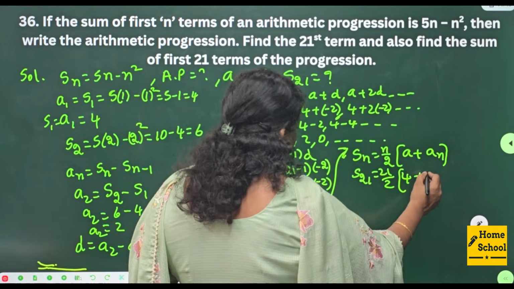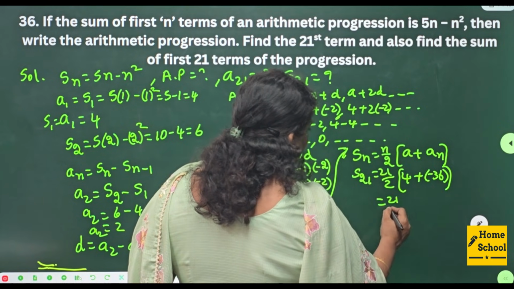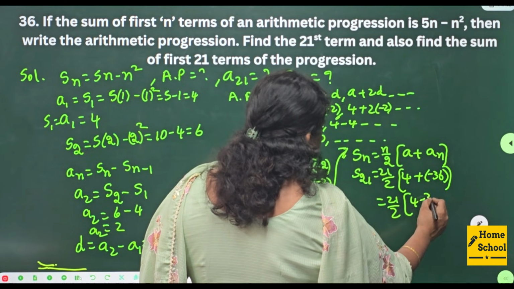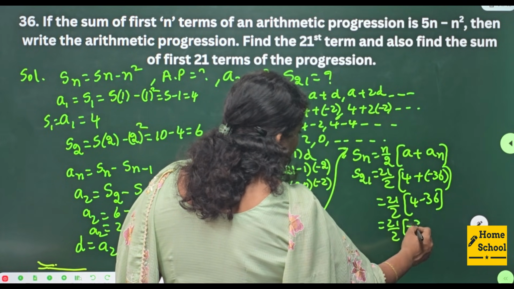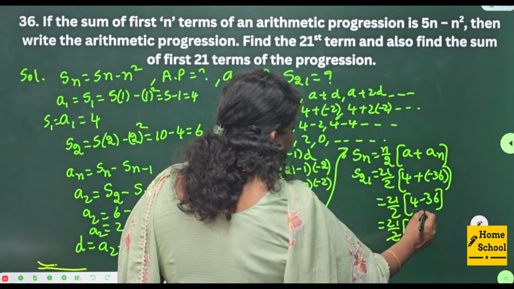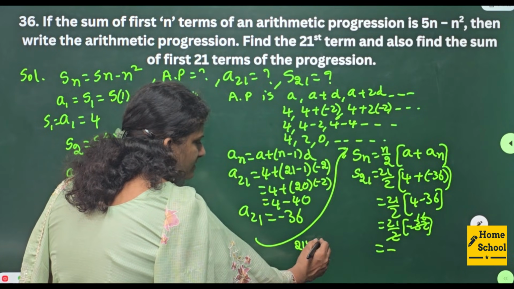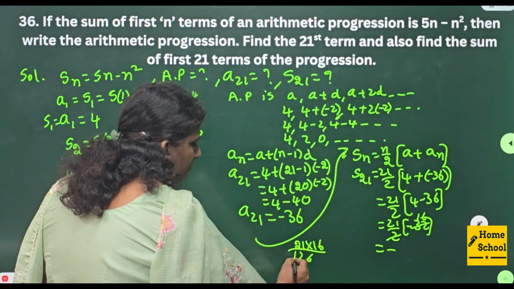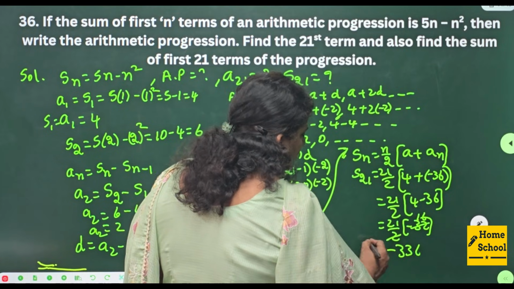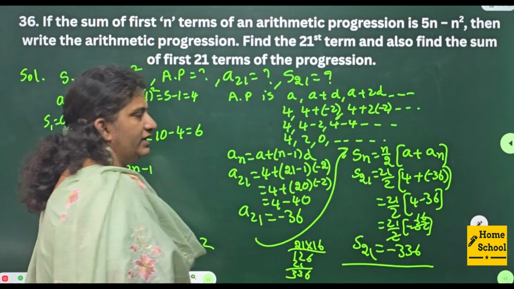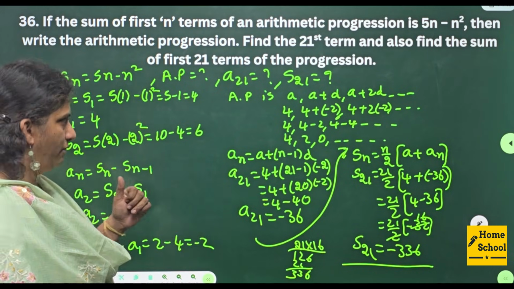Here last term is A21, that is minus 36. 21 by 2 into 4 minus 36. 21 by 2 into minus 32. 2 sixteens are 32, that will be minus 21 sixteens multiply, that is 336. Minus 336 is the sum of 21 terms, your answer. Right? With little verbal statements you need to fill this problem.